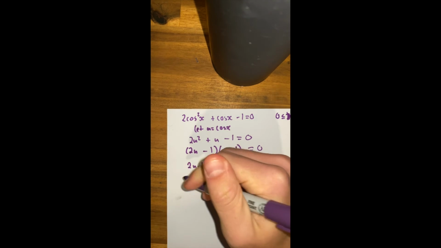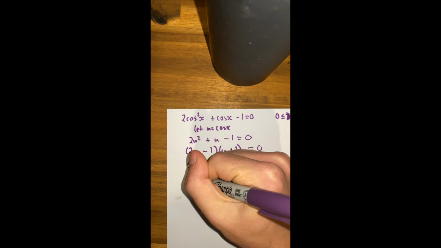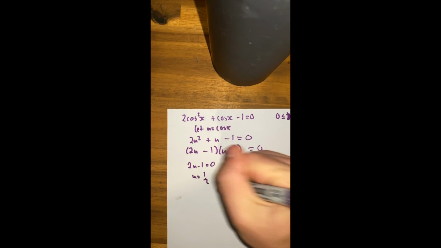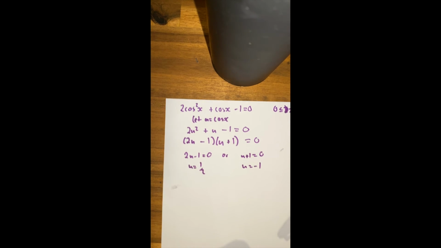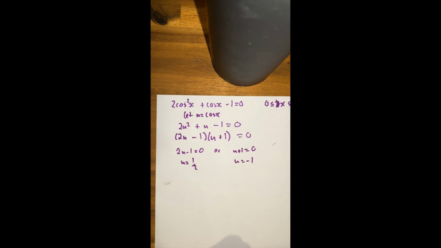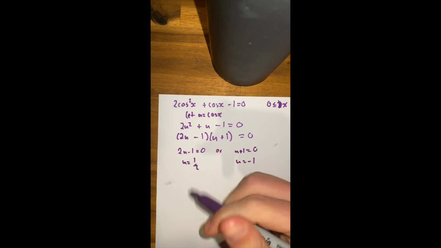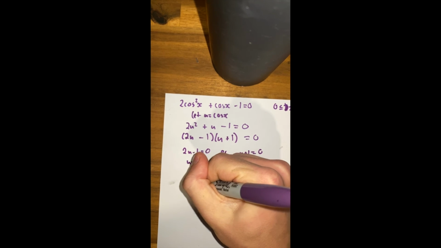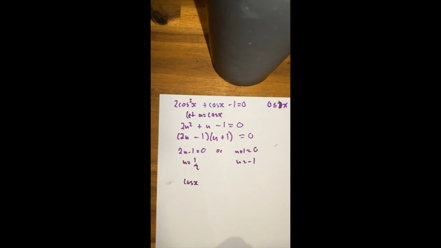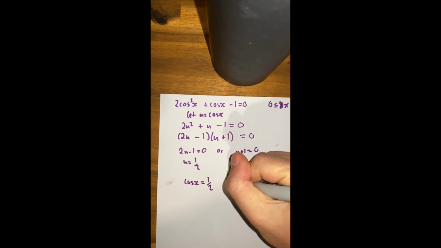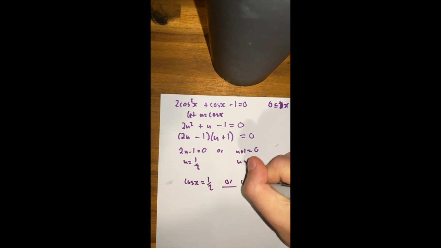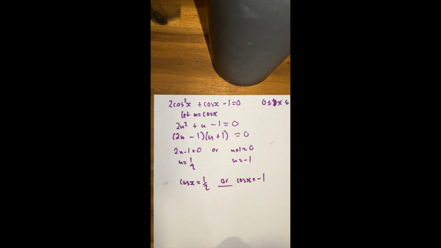And if we solve each of these, we get u equals a half and u equals minus 1. So now that we know the values of u, we can solve the values of x. So that means that cos of x, because u is cos of x, can equal a half, or cos of x equals -1.